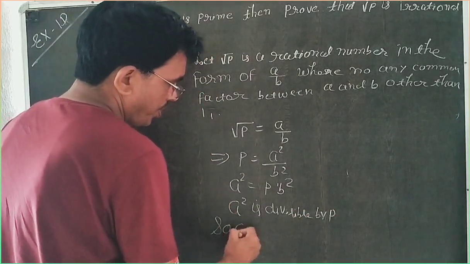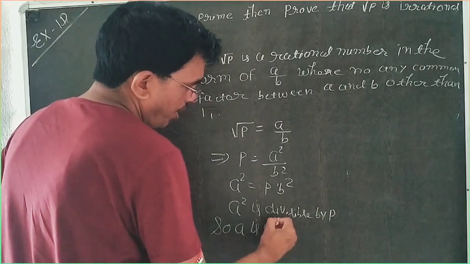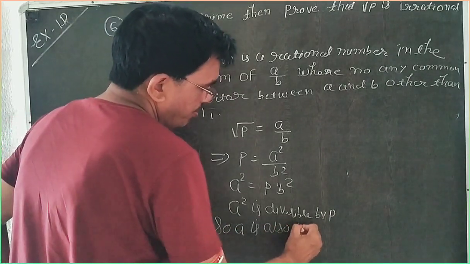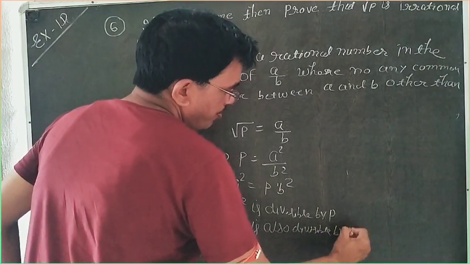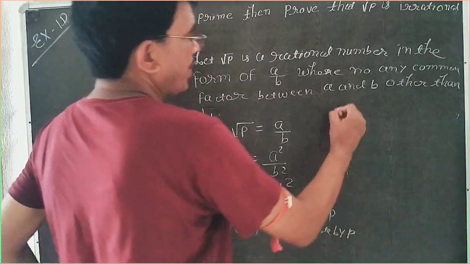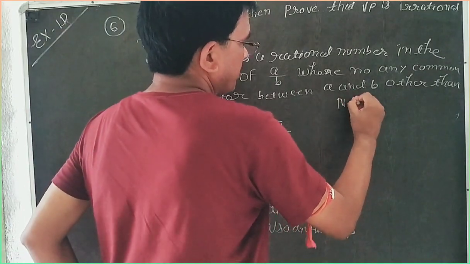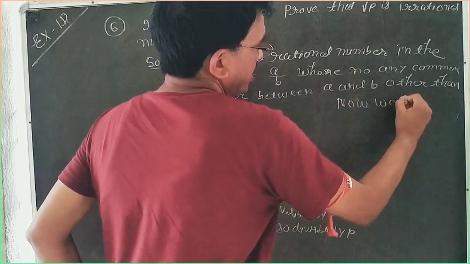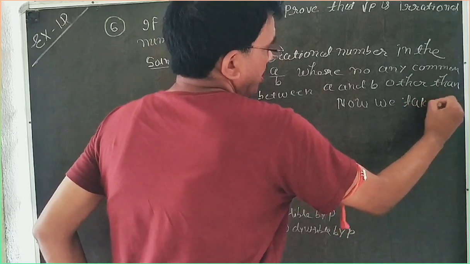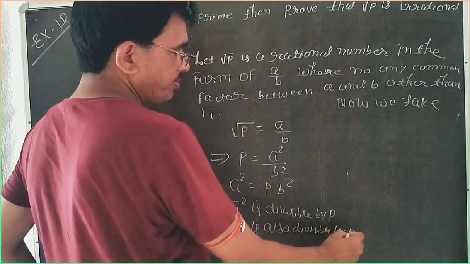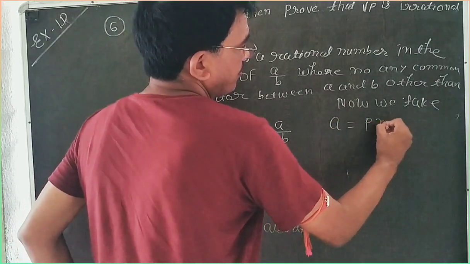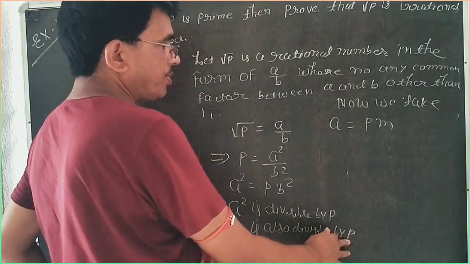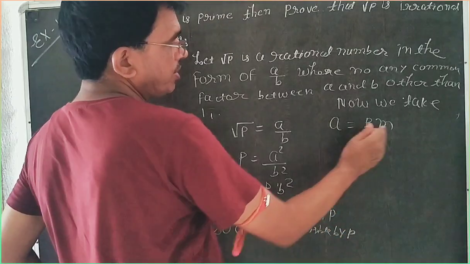So a is also divisible by p. Now if a is divisible by p, then you write a is equal to p times something. How many times is it divisible by p? m times. So a is equal to pm.